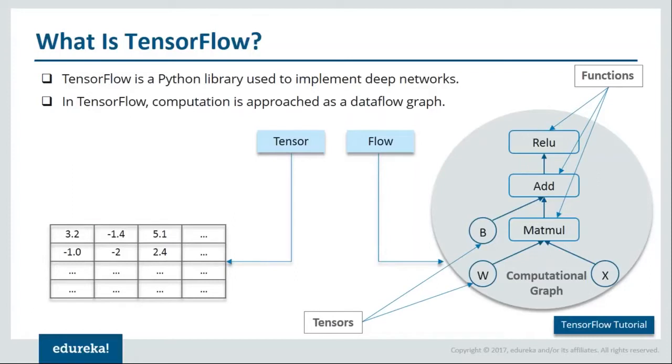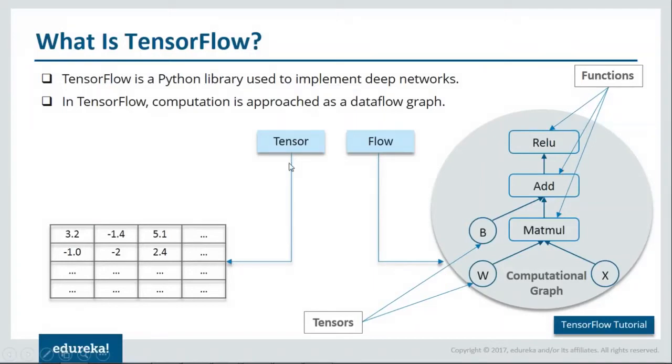Now, don't worry guys, in the next slide, I'll explain what exactly is a session. This description of the model is what is known as your computation graph in TensorFlow. And remember guys, only tensors may be passed between the nodes in a computation graph. Now if you notice, TensorFlow is nothing but the combination of two words, tensor, which we saw in the previous slide, and flow, which is nothing but the tensors flowing through a computation graph.